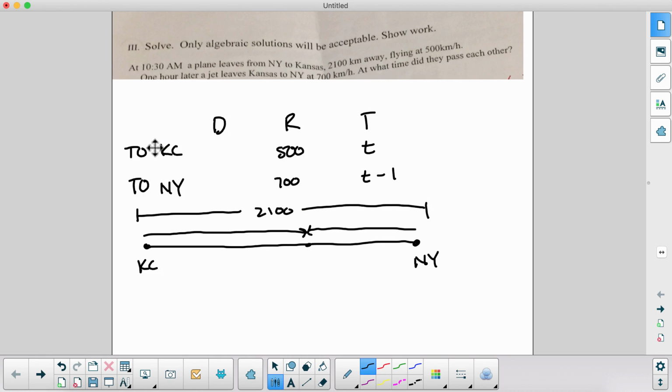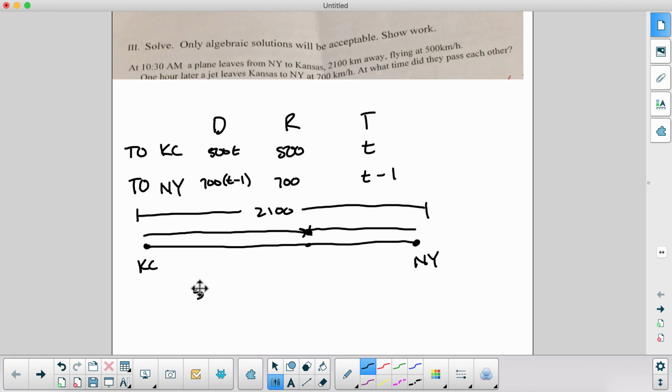So the distance to Kansas City is determined by rate times time, or 500 times t, and the distance to New York is determined by 700 times t minus 1. So the point being is when they meet, the total distance between the two of them is going to add up to 2100.